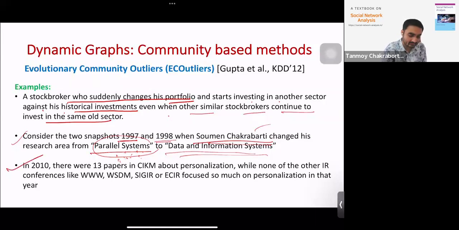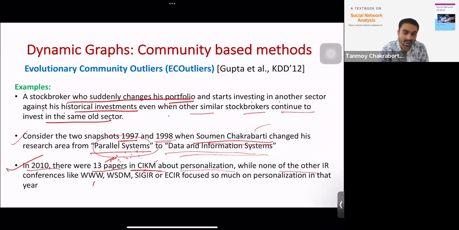Another example: in 2010, there were 13 papers in a conference called CIKM on personalization. CIKM is an information retrieval and data mining conference. In that conference in 2010, there were 13 papers published on personalized search.